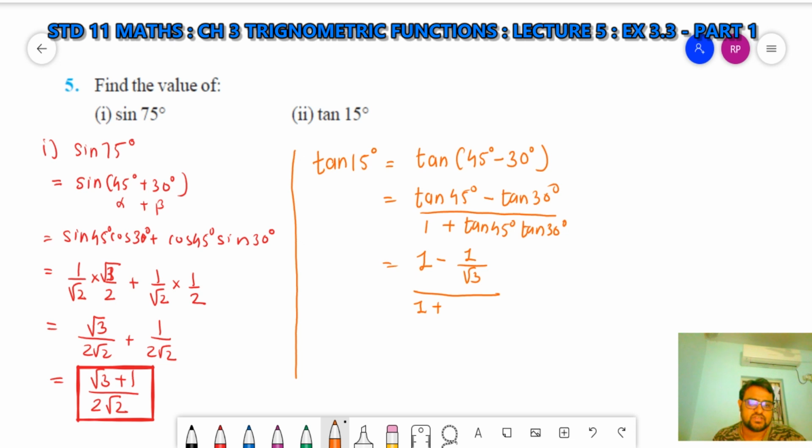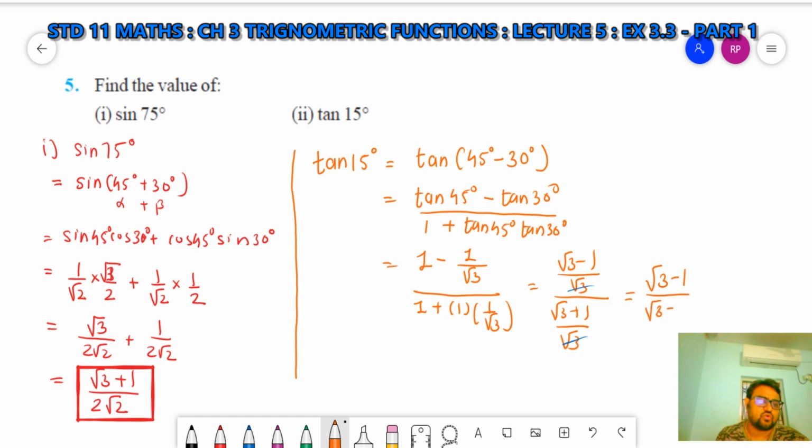So this will be equal to root 3 minus 1 upon root 3, over root 3 plus 1 upon root 3. So the root 3 gets cancelled, and the answer will be root 3 minus 1 upon root 3 plus 1. Clear? This was the second part of question number 5. Just note it down.